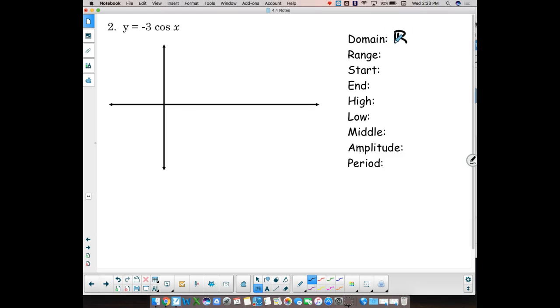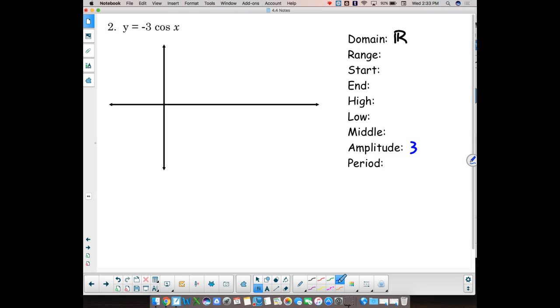Domain is all real numbers. Do we agree with that? That's an always case. Okay. Amplitude is 3, not negative 3. 3. The amplitude is always positive because it's a distance. Okay.